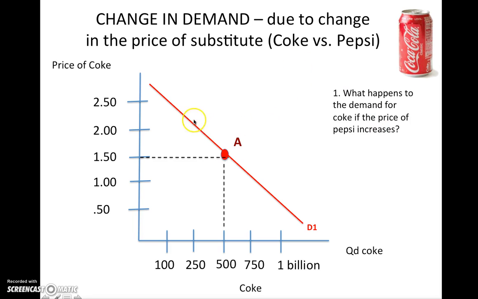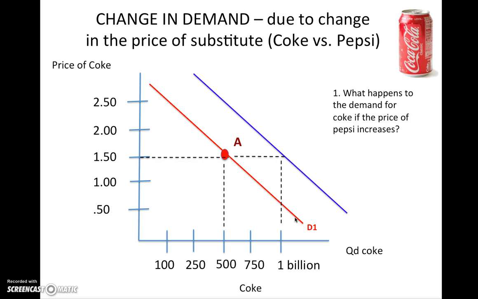So if this is the demand curve for Coke, if Pepsi's price increases, there will be more people who will demand Coke. So quantity demand has to increase. Same price of Coke, but we have to show an increase in the quantity demand, and like what we did before, a shift to the right of the demand curve will show an increase in quantity demand for this product.